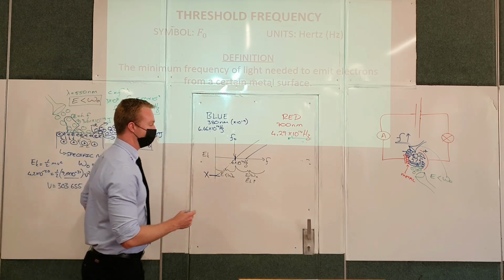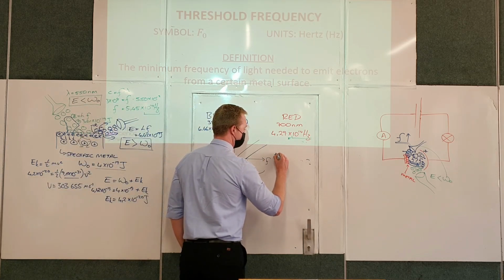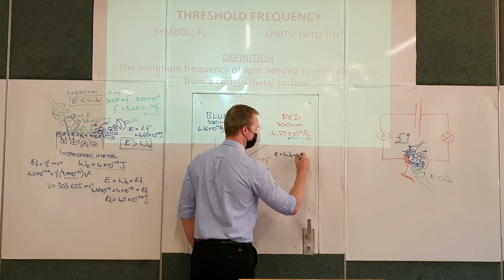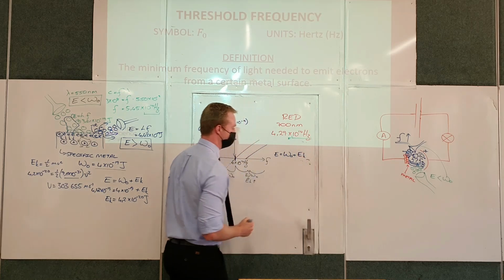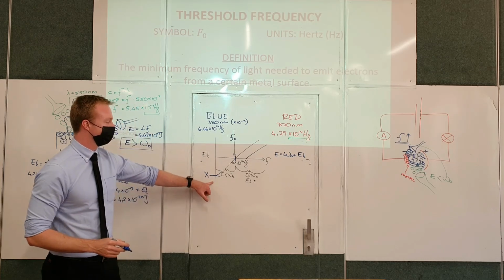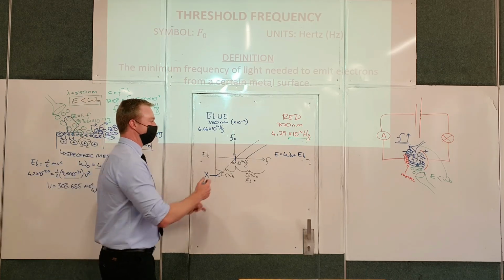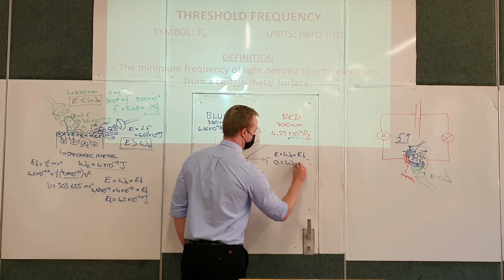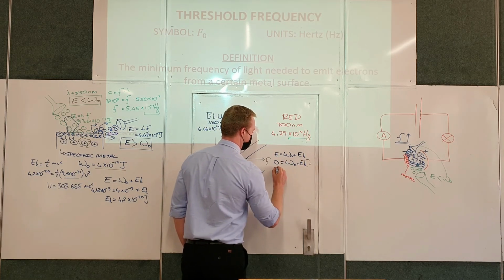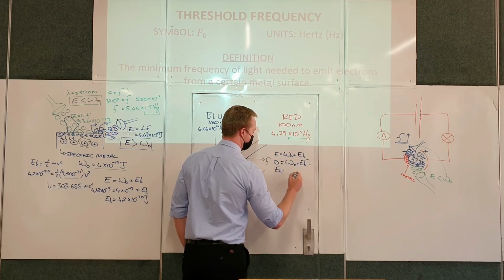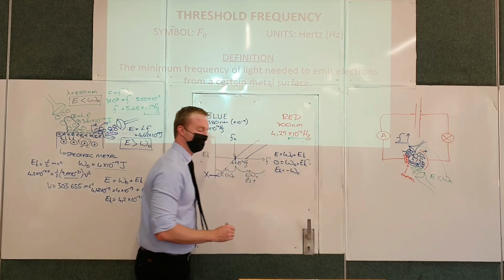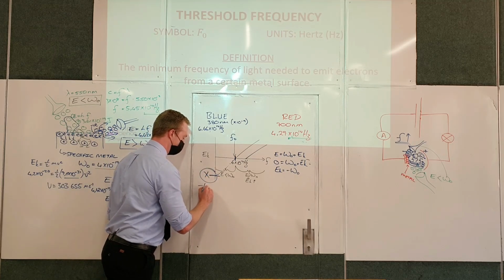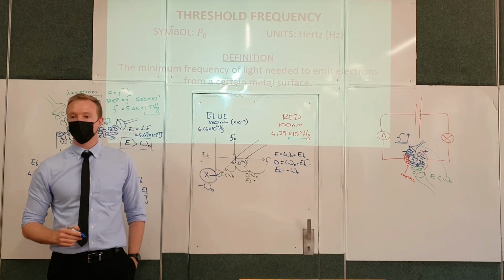And at this point you're going to use the formula, which says E is equal to our work function plus the kinetic energy. And we're going to say, at the point that our frequency is 0, that means 0 is equal to work function plus EK, and therefore EK is equal to our negative work function, which means that this point on the graph is the negative work function.